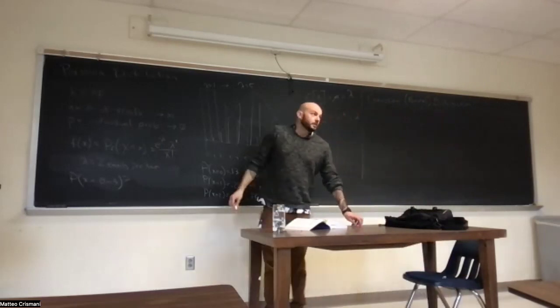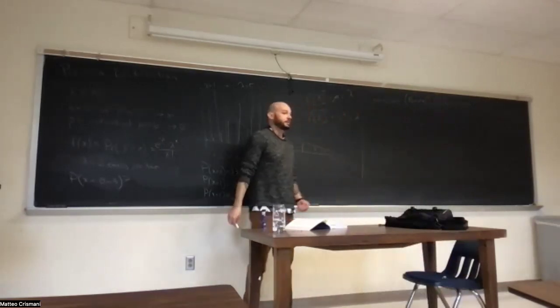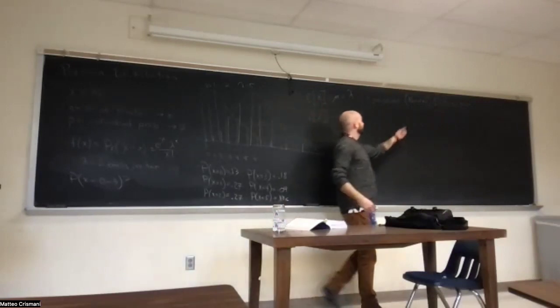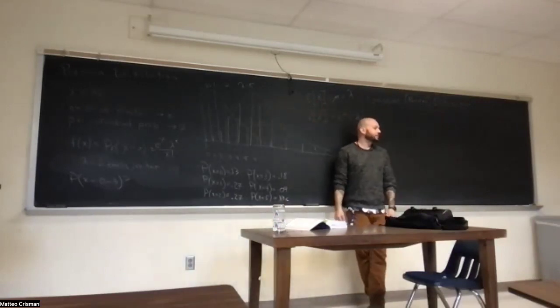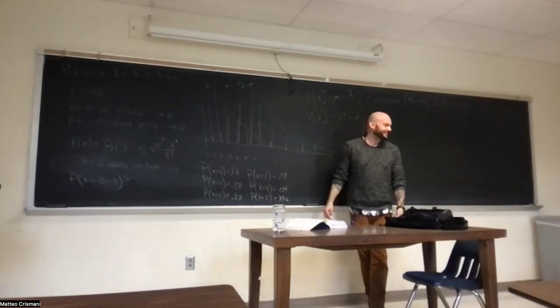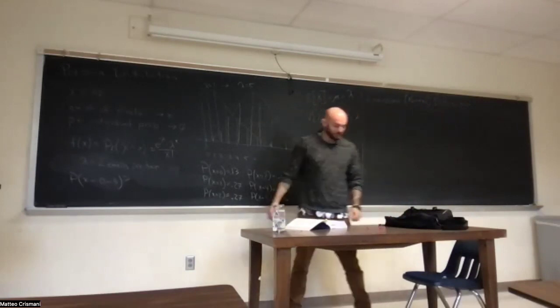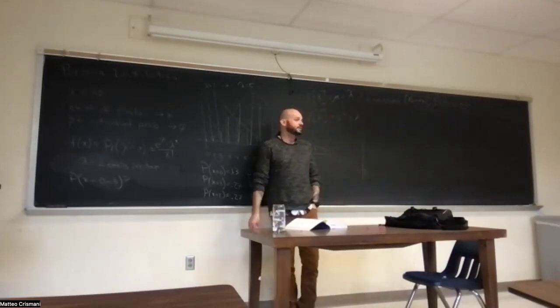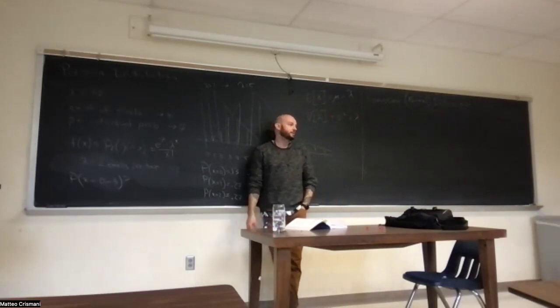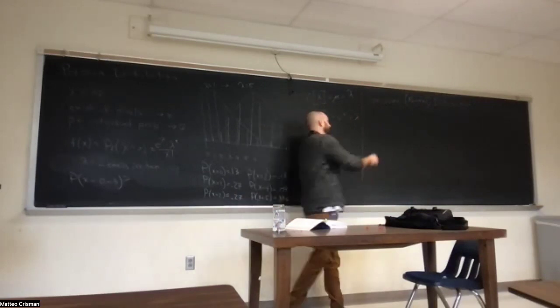My favorite thing about physicists is they call things normal. As opposed to abnormal distributions, right? So what's the Gaussian distribution? Is it a discrete distribution or continuous? It's continuous because it can take any value.